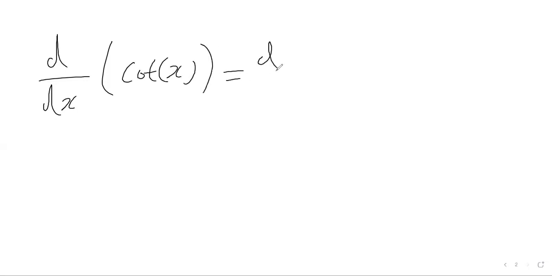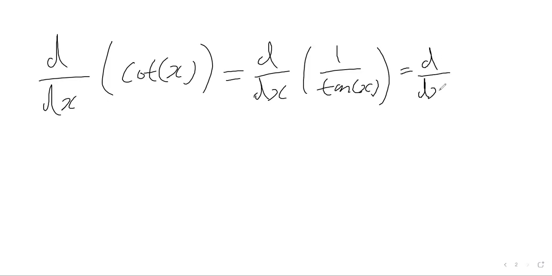And this is exactly the same as differentiating 1 over tan of x, which is actually exactly the same as cos over sine. So we know that tan is just sine over cos, and so 1 over sine over cos is exactly the same as cos over sine.